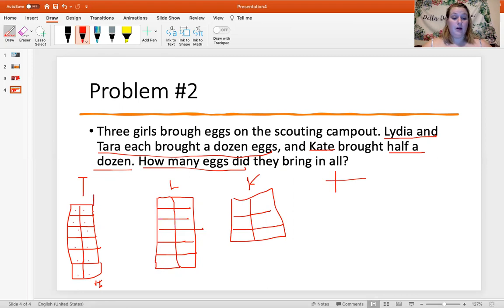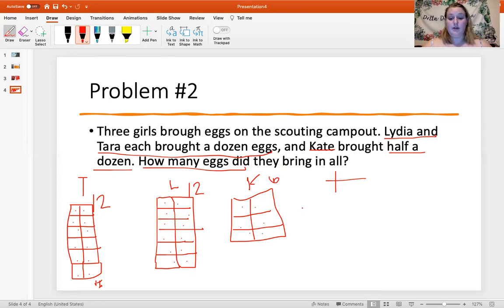So Tara brought 12. Lydia also brought 12. Let's double check our drawing. 1, 2, 3, 4, 5, 6, 7, 8, 9, 10, 11, 12. She also brought 12. And then Kate brought 6. Let's double check our drawing. 1, 2, 3, 4, 5, 6.